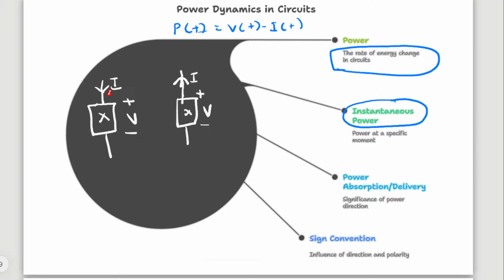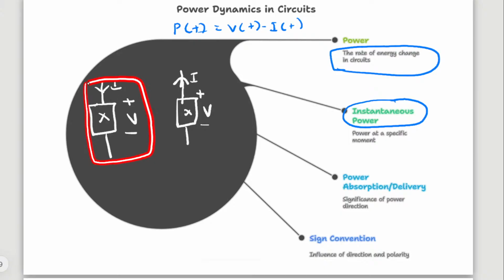Here, the current direction and polarity are like this. Here it is plus, here it is minus. Just concentrate on the polarity only, and look at the current direction.